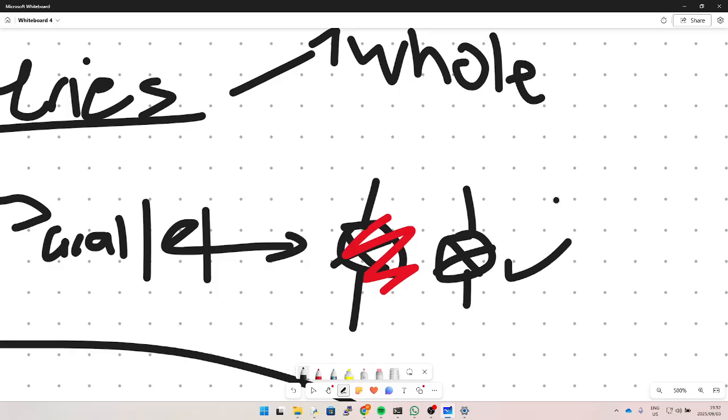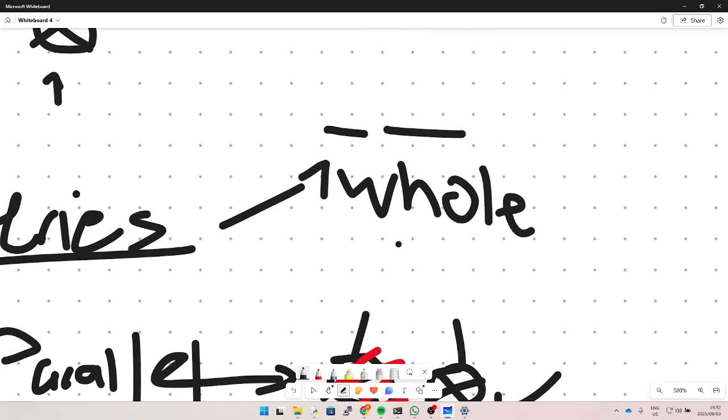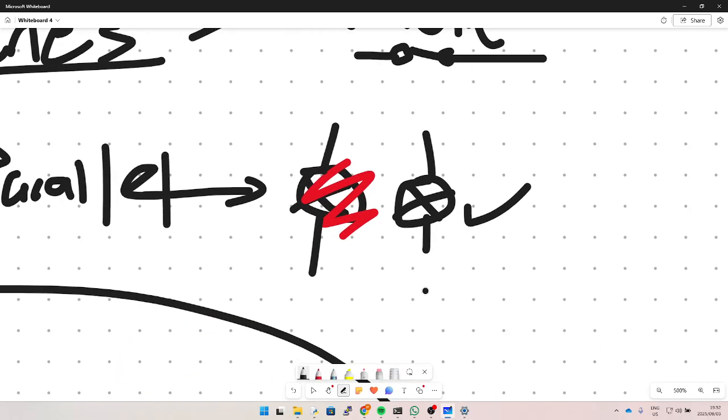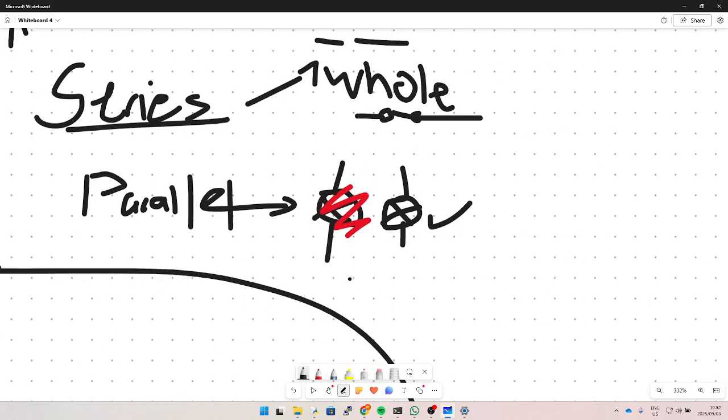Your Christmas lights are wired in series because it's easier to have them like that. Your main lighting, your ceiling, is wired in parallel, because if one globe goes out, 90% of the time the rest are fine. That's series and parallel circuits.